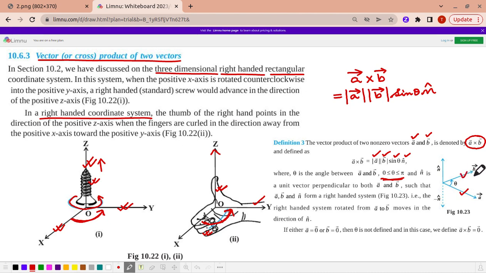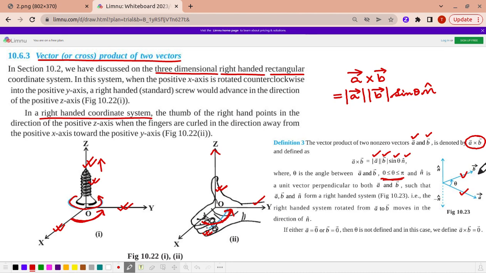Now we are going to find the cross product of these two vectors A and B. Then what it is? Modulus of the vector A, that means the magnitude of the vector A, into magnitude of the vector B, into sin theta, where theta is the angle between the vectors A and B, where 0 less than equal to theta less than equal to pi, into n cap.